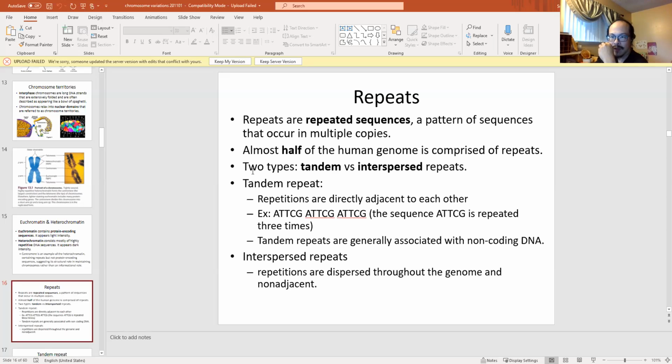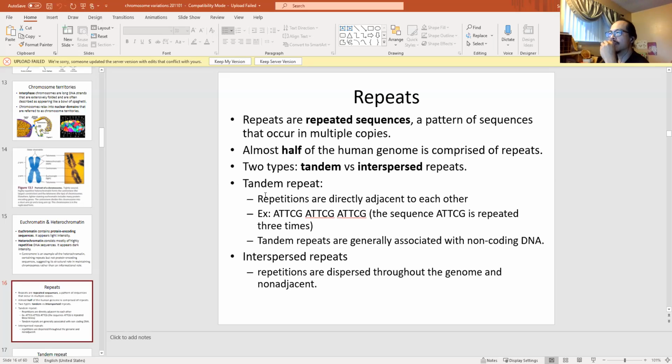And there are two types. One is called tandem repeats, like this one, where the repeats appear right next to each other. The other one is called interspersed repeats, which are repeats that appear here, there, something like that.